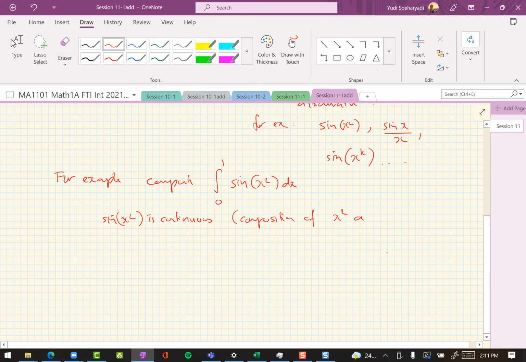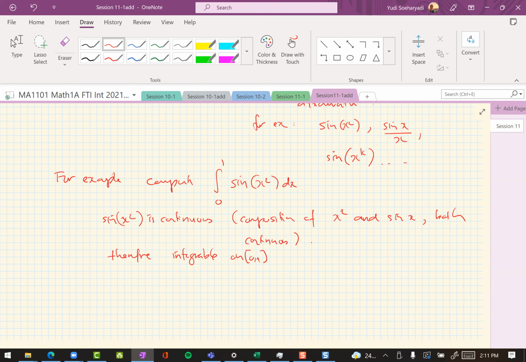And therefore it is integrable. So supposedly we can find this.